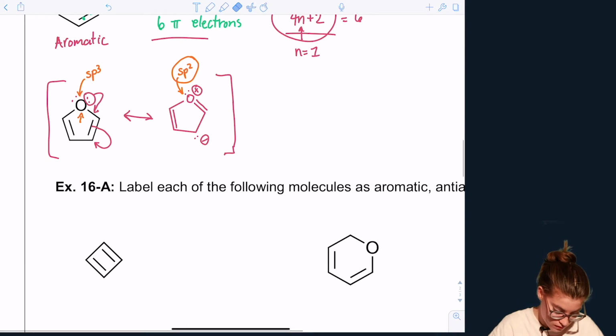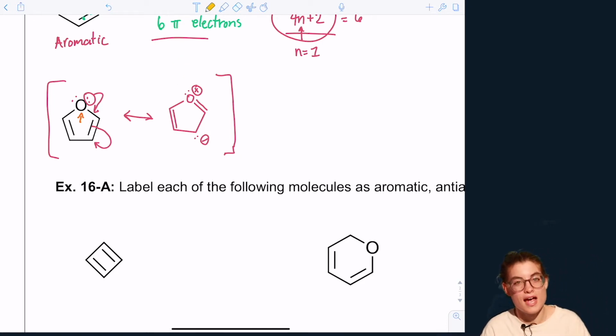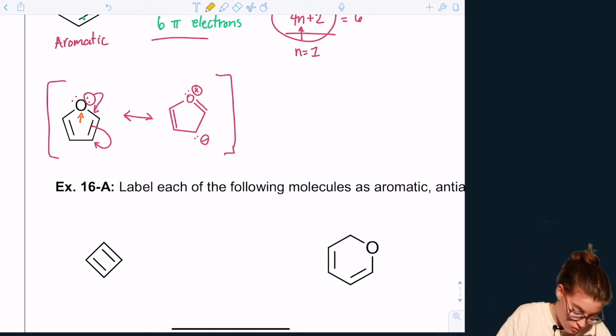Okay, so if the oxygen here, let's use another color. Now you have to remember that only the hybrid exists, so resonance is very important. But if this oxygen chooses to be sp2 hybridized, then what will happen?